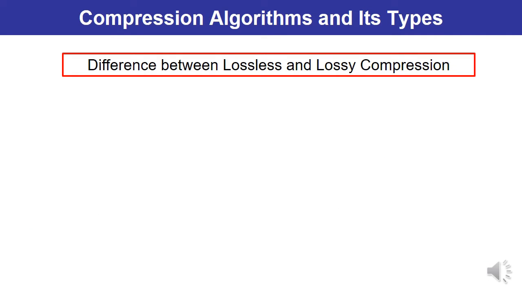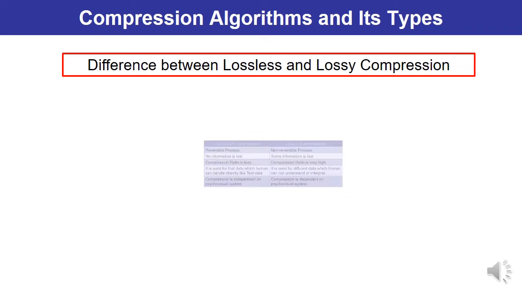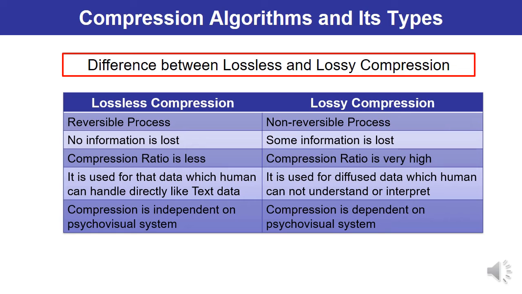Let us discuss some of the differences between lossless and lossy. Lossless compression is a reversible process, while lossy is non-reversible. Reversible means the exact original information can be reconstructed back.